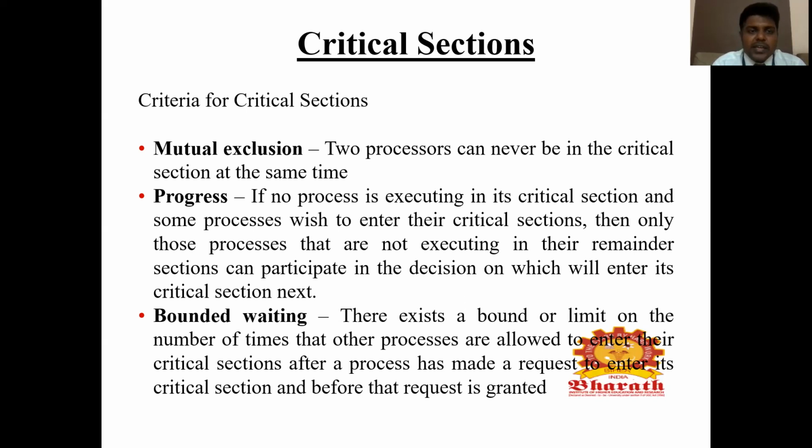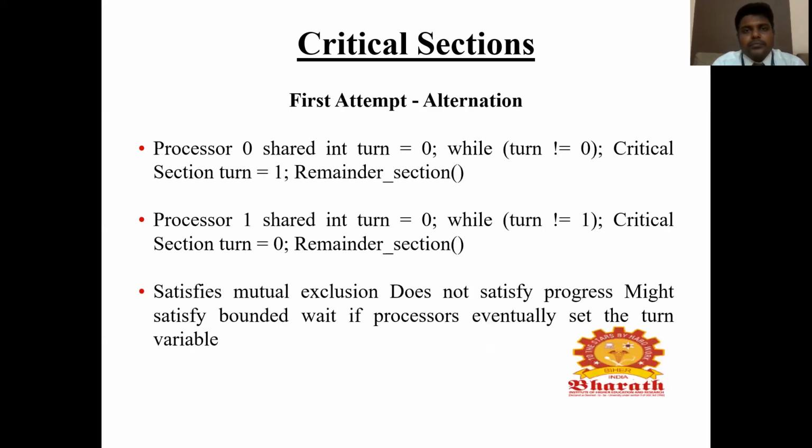So these are the three major criteria for critical sections. We have a mechanism for critical section. One is the first attempt. It's an alternation mechanism where two processes are trying to enter into the critical section, but there is an alternation tag.